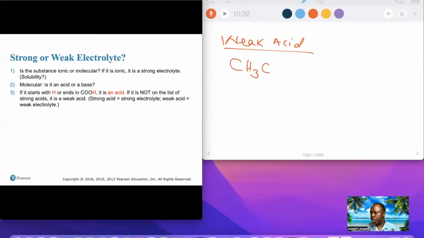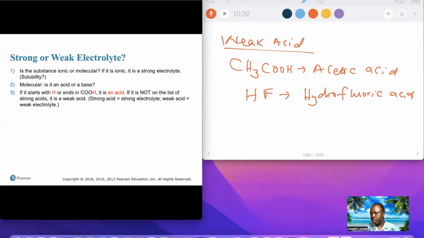CH3COOH, acetic acid. HF, this is hydrofluoric acid, all right. HNO2, nitrous acid. Just to give you a few examples of weak electrolytes, all right.